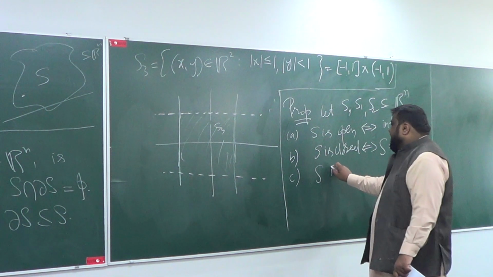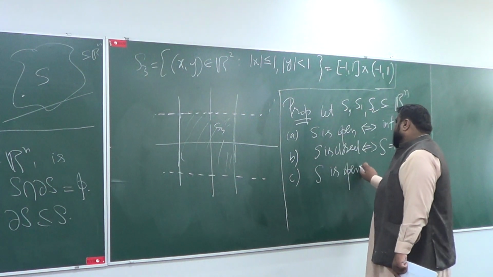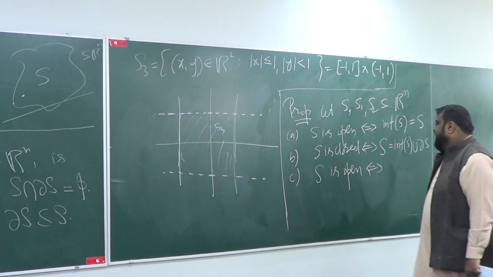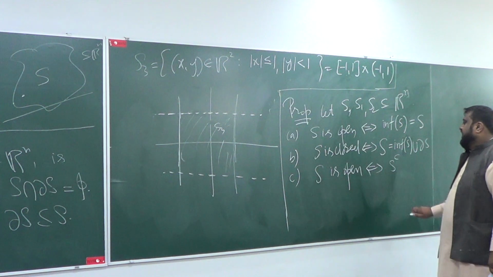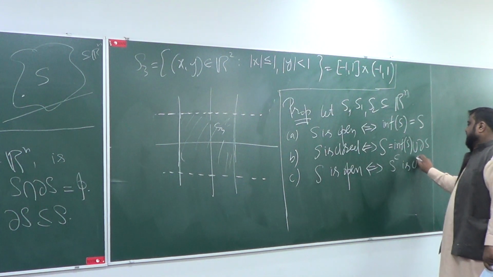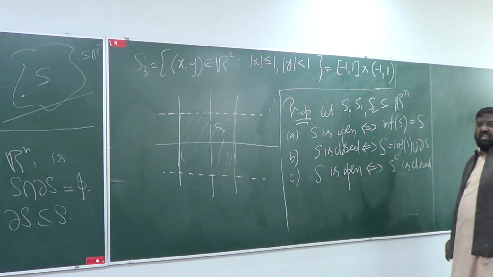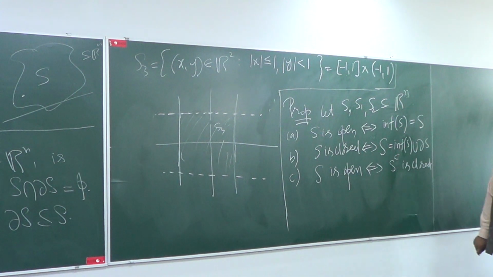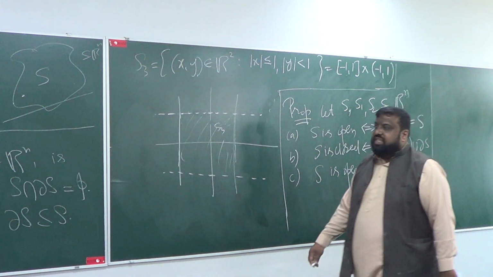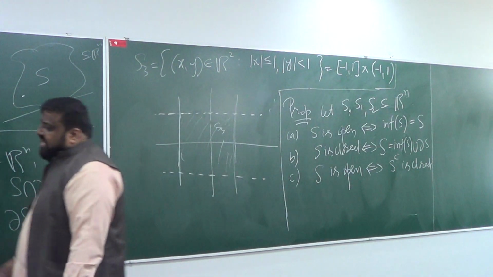If S is open, then its complement is closed. So if a set is open, its complement must be closed. Does this look reasonable? Yes. Imagine this disk is an open disk.